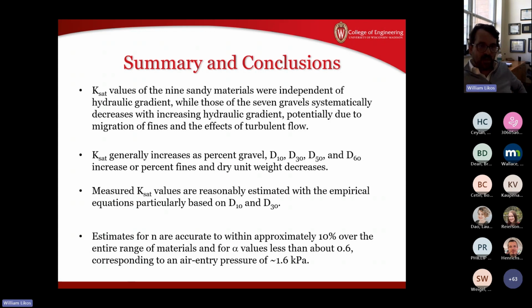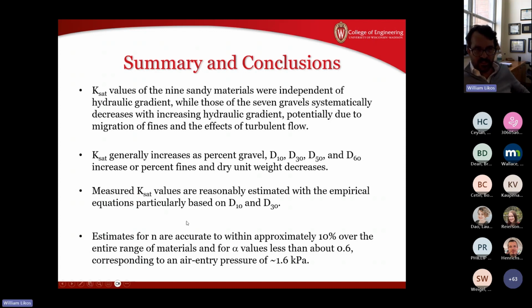We saw that Ksat was reasonably estimated from grain size, particularly D10. We didn't look at D10 in this presentation, but that one was also reasonable. The D30, at least for this data set, was the most robust correlation.